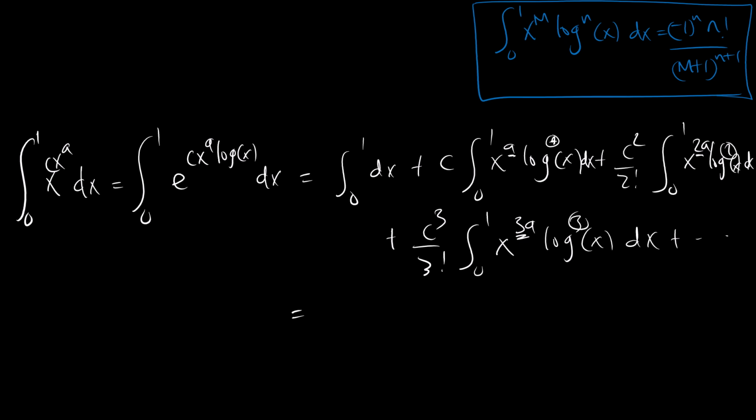It means we have, since we have 1, this will be 1 plus c, then we put negative 1 to the power, since this n is 1, 1, and then 1 factorial over m plus 1 to the power n plus 1, which is 1 plus 1, is 2.